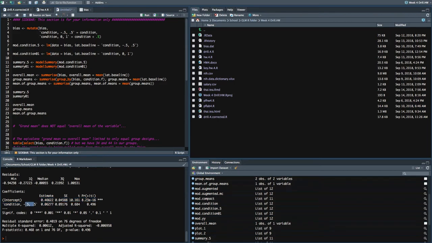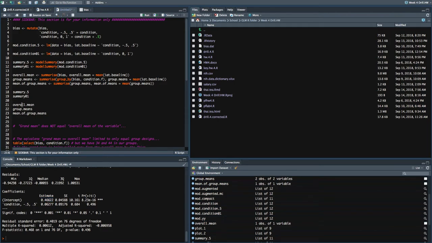So since this is coded as -1/2 and +1/2, as I was saying earlier, this mean here, this intercept, is the grand mean. Now, that's not to be confused with the overall mean.